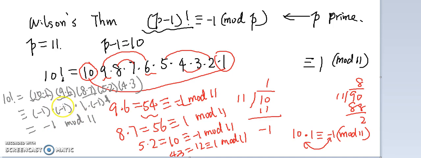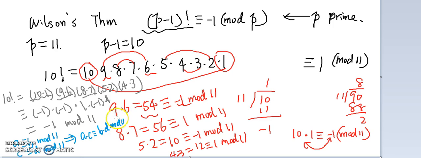Here, I actually used a property that we have learned before. The property is: if A is congruent to B modulo 11, or any modulus, and C is congruent to D modulo the same modulus, then multiplying, A times C is going to be congruent to B times D modulo 11.